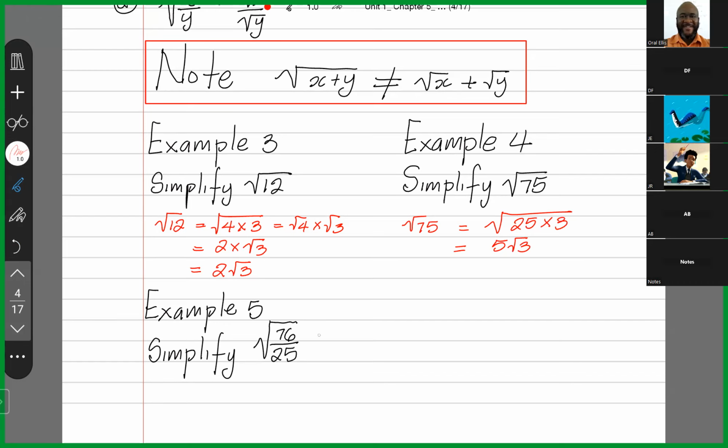Now, the root of 76 over 25 is the same as saying the root of 76 over the root of 25. This is 76 now.